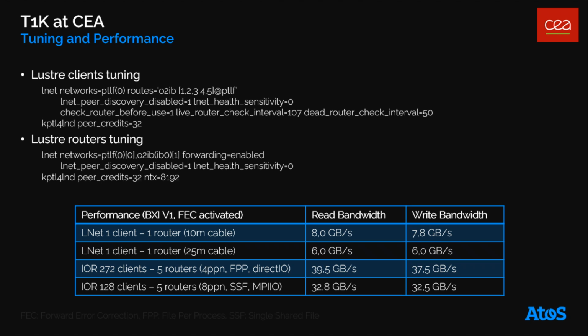The peer discovery and health sensitivity features are disabled. The LNet bandwidth between one client and one router depends on the link length between the router and the switch and reaches 6 to 8 GB per second. The resulting Lustre I/O bandwidth for a group of clients is around 32 to 40 GB per second.